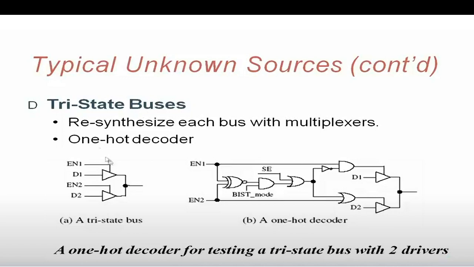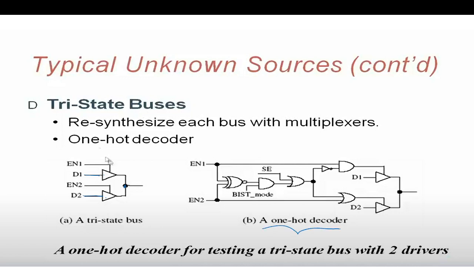Typical unknown sources: a tri-state bus. So during our normal operation, either this or this could have been in the on state. But in the testing process, we don't want both the buses to be on, so we want to mask.